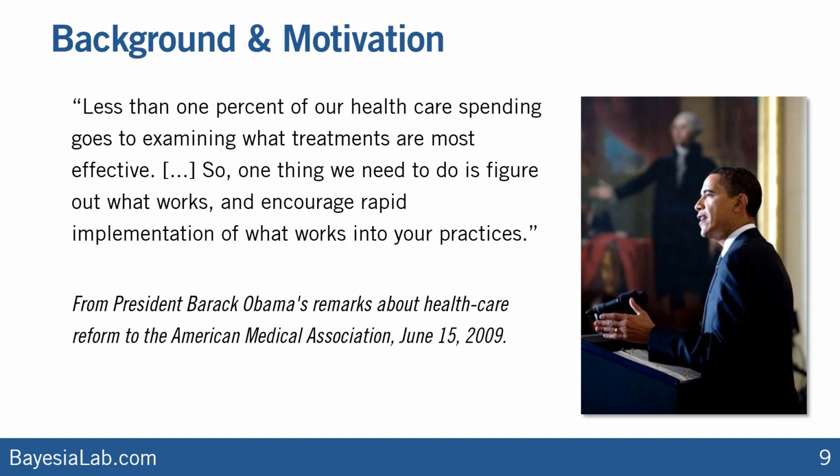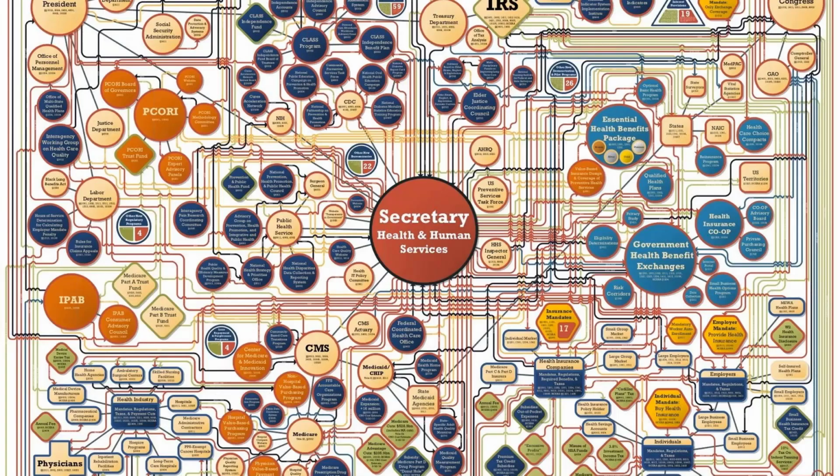So one thing we need to do is figure out what works and encourage rapid implementation of what works into your practices." So that was obviously all said in the context of Obamacare. President Obama's comments were very specifically focused on medical treatments, but I think it is fair to broaden the objective a bit and to apply this objective to healthcare policies and public health policies in general.